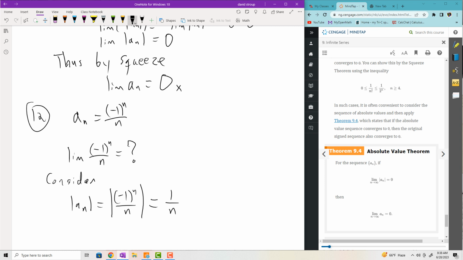Well, you know why? a sub 1 is (-1) to the 1, which is -1 all over 1. a sub 2 is +1 over 2. a sub 3 is -1 over 3, etc. And then if you took the absolute values of these, what happens? Well, all it does is basically annihilates the negative portion.